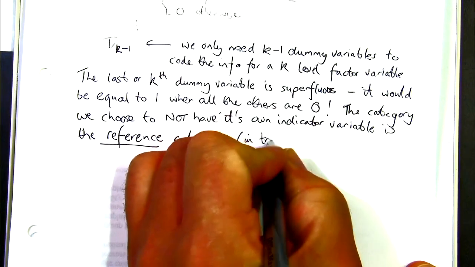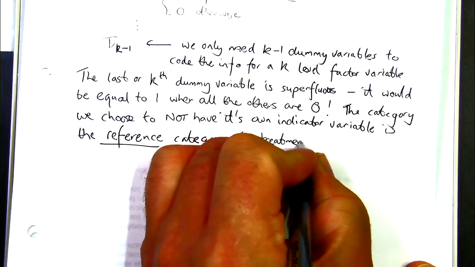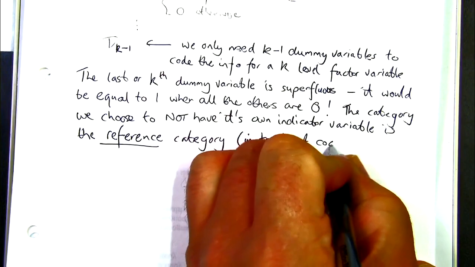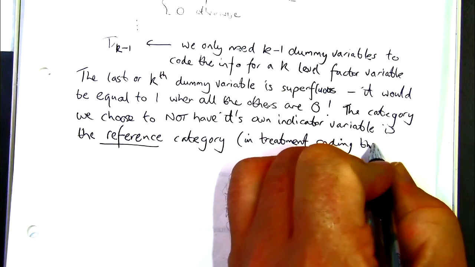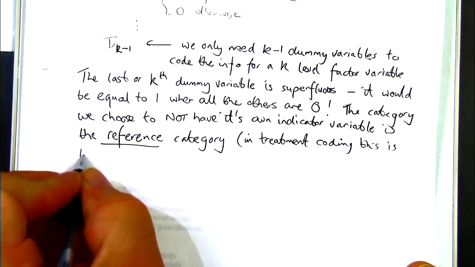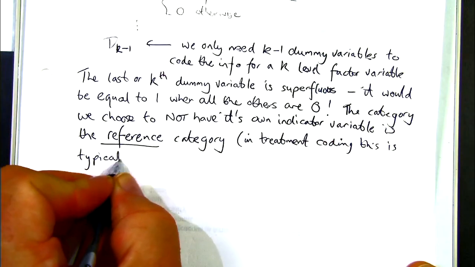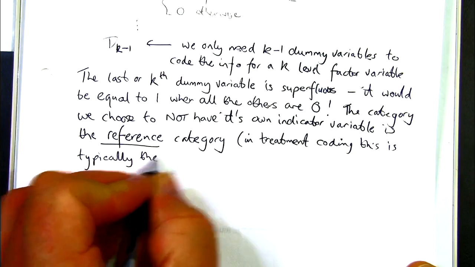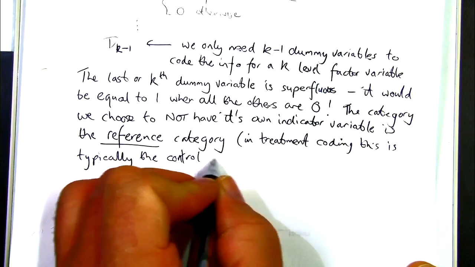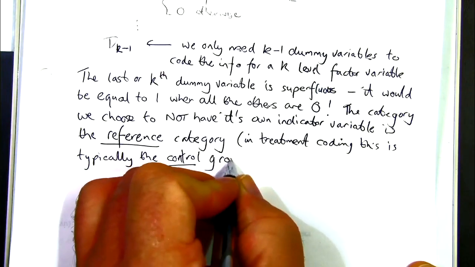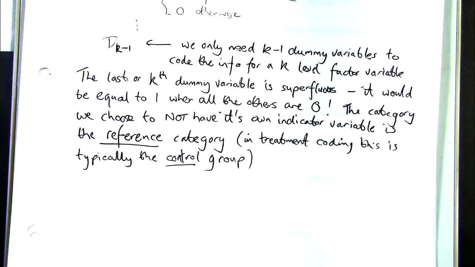In treatment coding, the obvious thing to say is the reference category would be set up as the control group or the no treatment group.